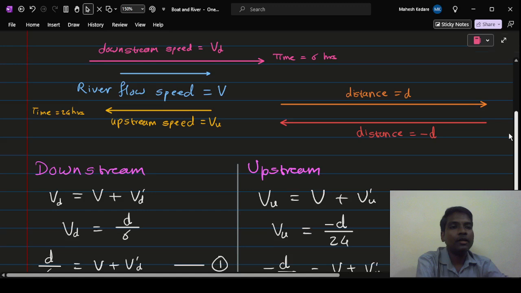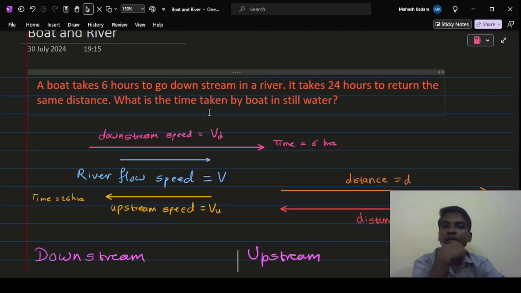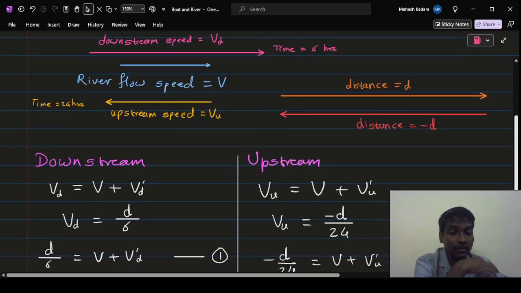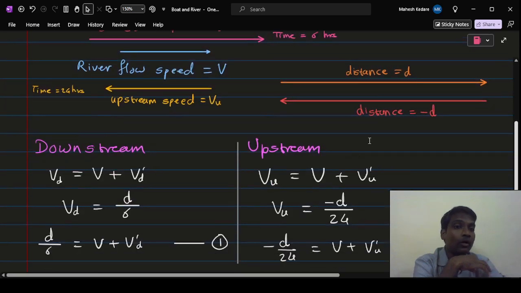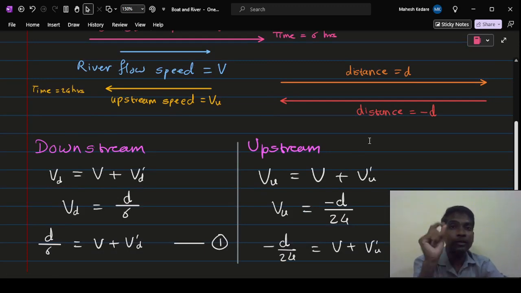In this problem, we have to find what time the boat will take if the water was still, not flowing. Now, the speed of the boat relative to the river is determined by the engine power of the boat.